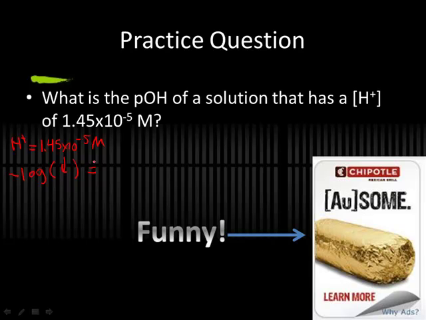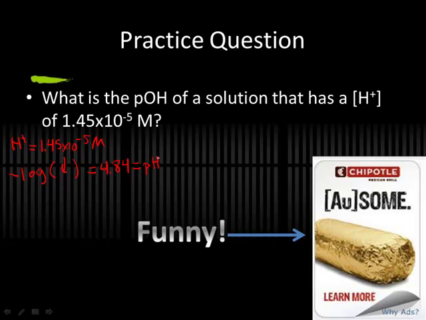So if we do that, negative log 1.45 e negative 5 gives us a pH of 4.84. Now that's our pH. No, pH has no units.